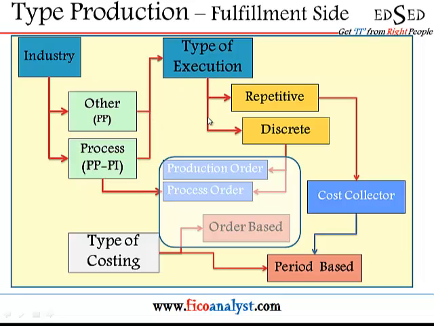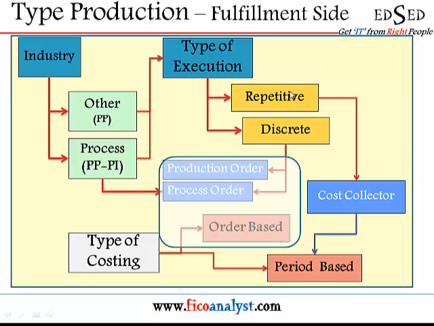It may be repetitive manufacturing or discrete manufacturing. If your production is stable, meaning you do not change your production process or the bill of materials or routings that you have, then you will use repetitive manufacturing.